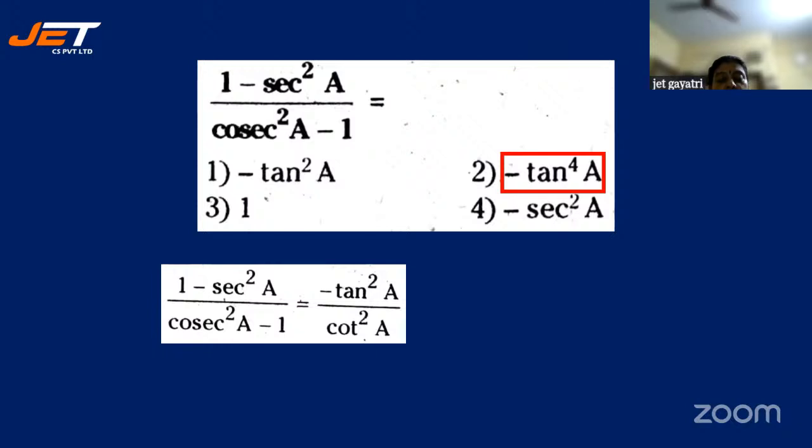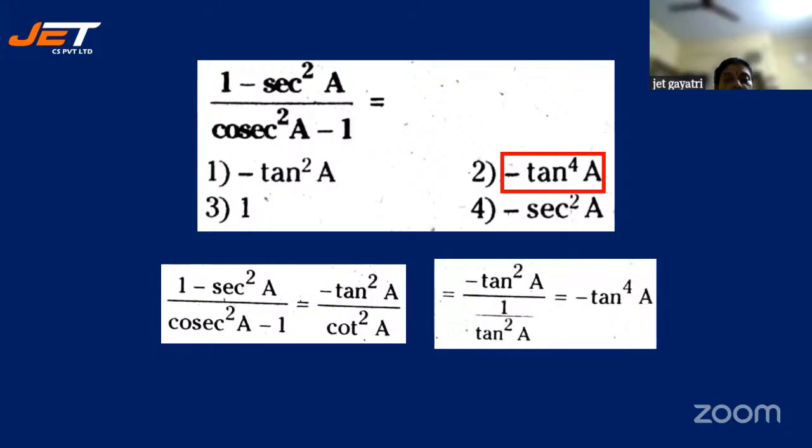So in the denominator, instead of cot square A, we write it as 1 by tan square A. So when it goes up, it becomes minus of tan square A into tan square A, which would be minus of tan power 4A. All right. Yes. So this is how you are getting the answer as option 2, that is minus of tan power 4A. All right. See the next question.